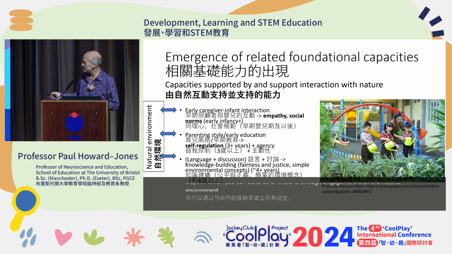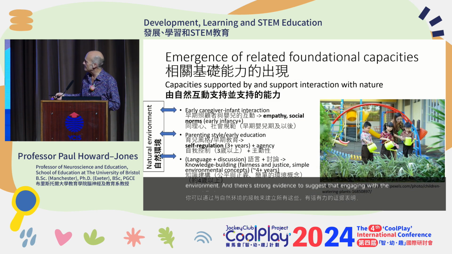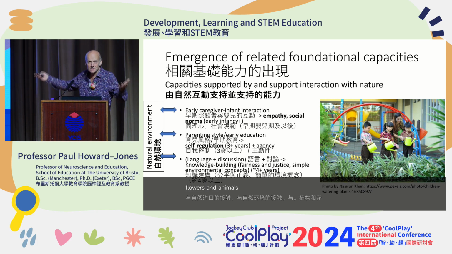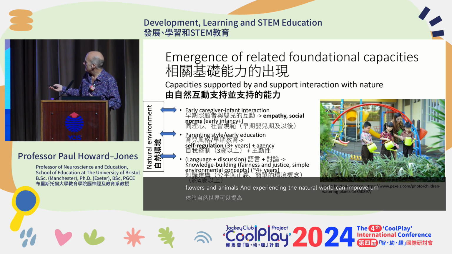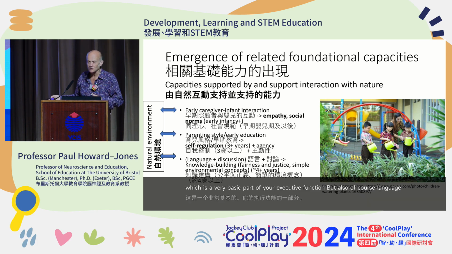And there's strong evidence to suggest that engaging with the natural environment, working with plants and flowers and animals, and experiencing the natural world can improve your empathy, the social norms in terms of what you expect, self-regulation as well, which is a very basic part of your executive function, but also, of course, language and knowledge about the natural world as well.